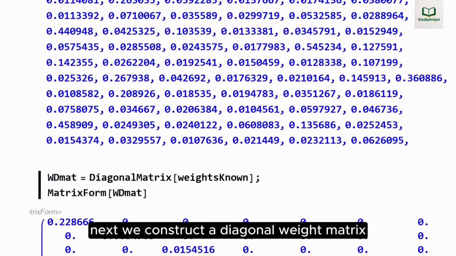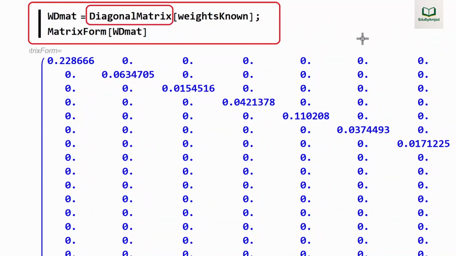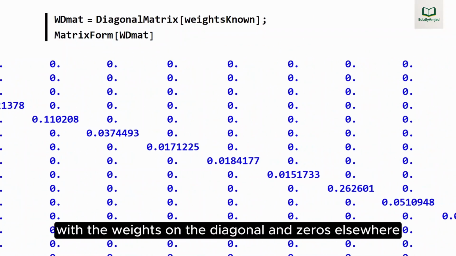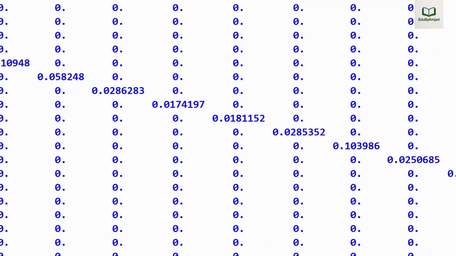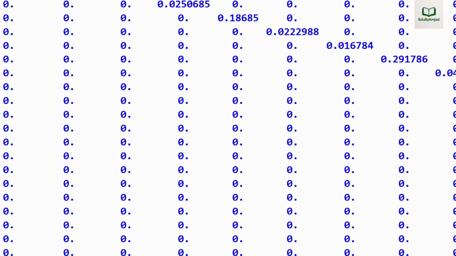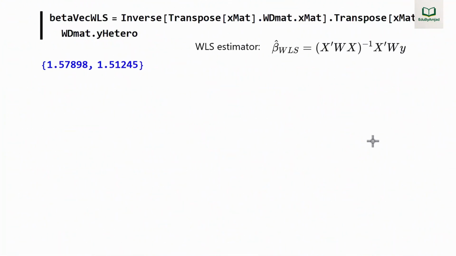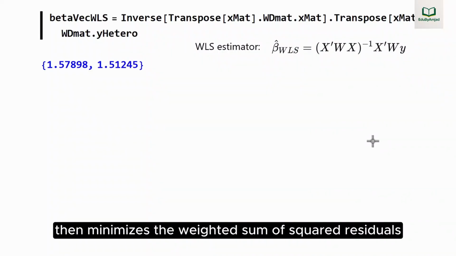Next, we construct a diagonal weight matrix. This is a square matrix with the weights on the diagonal and zeros elsewhere. Weighted least squares then minimizes the weighted sum of squared residuals.